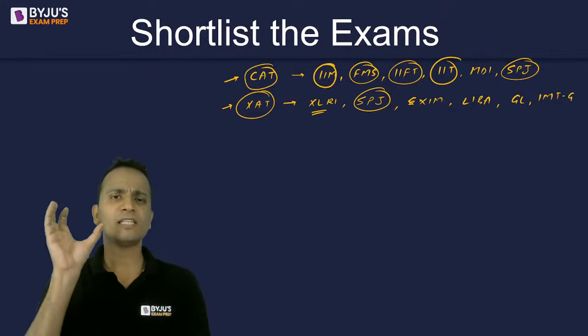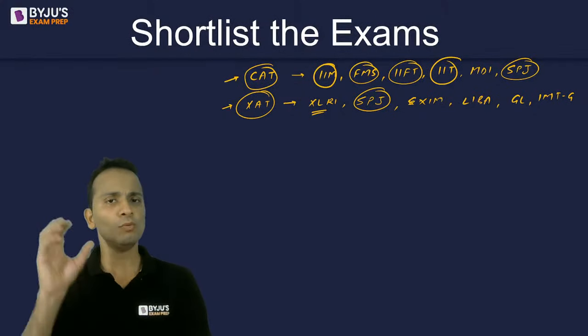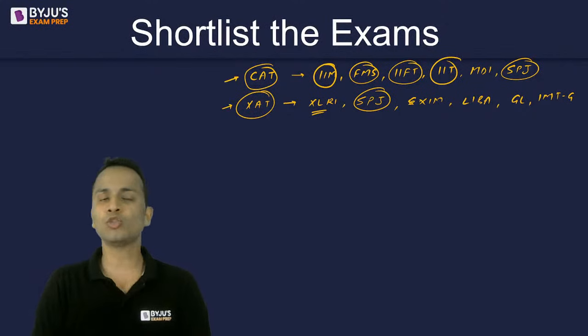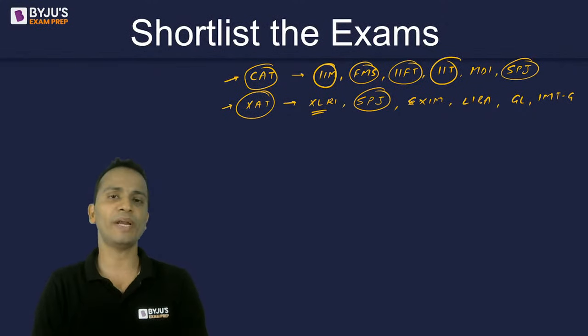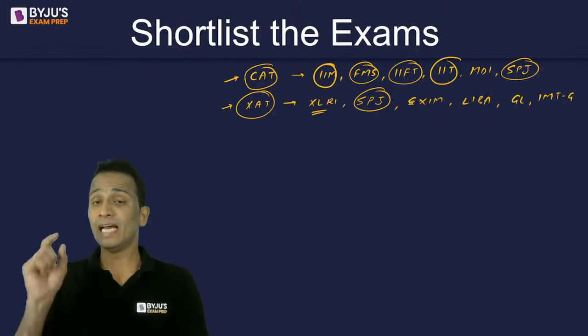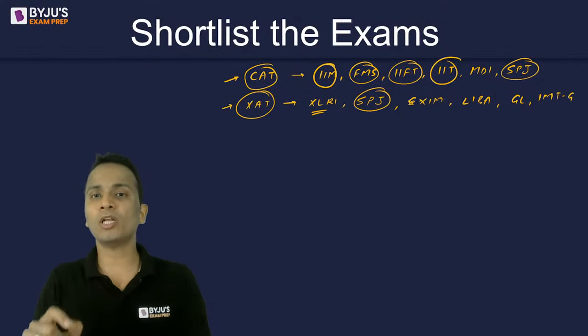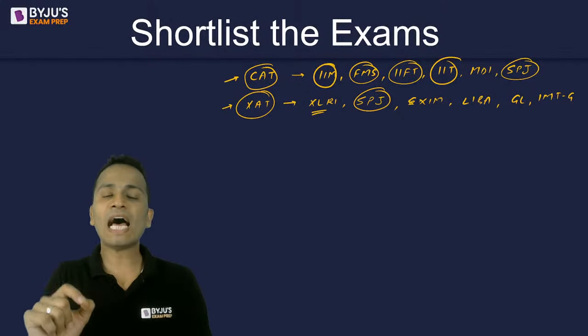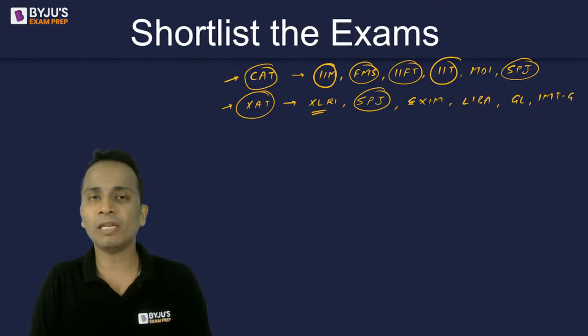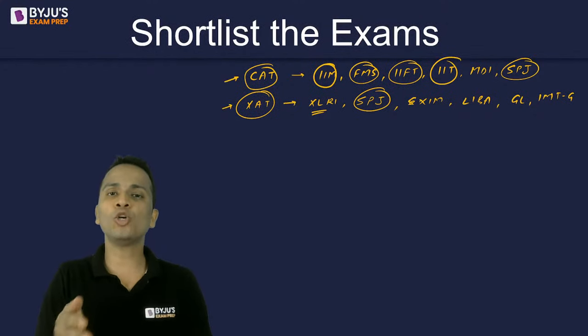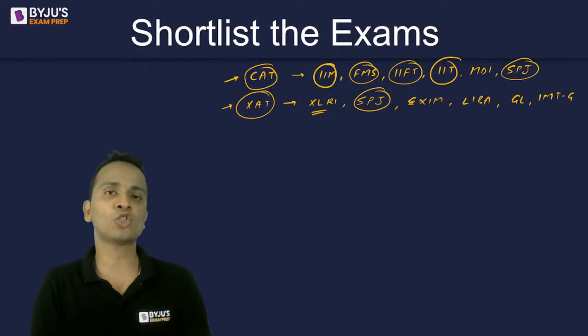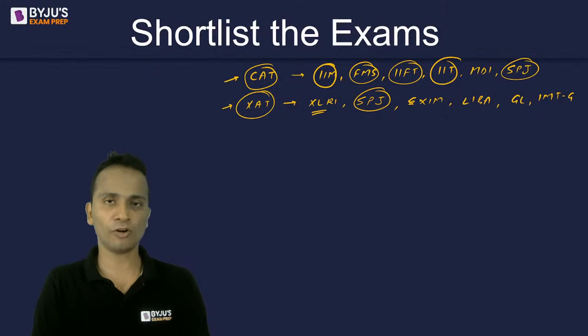Like if I consider the CAT examination, so the CAT examination is being conducted on 27th of November 2023, right? Now there will be some colleges which will have their deadline for the application 1 or 2 days before the actual CAT examination. All right.